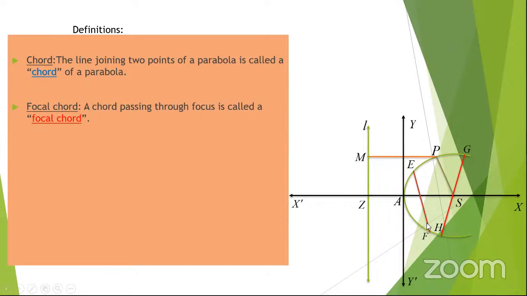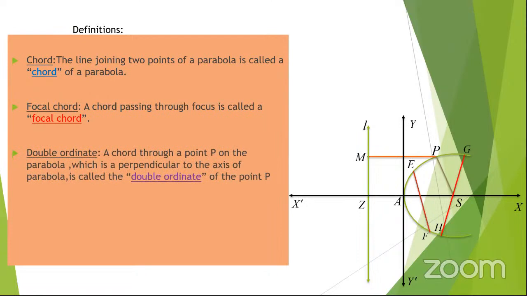EF is simply a join of 2 points of the parabola, whereas GH is a join of 2 points of the parabola and also passes through S. Therefore, EF is a chord, GH is a focal chord. Can you find the difference between EF and GH, children? EF is only a chord and GH is a focal chord.